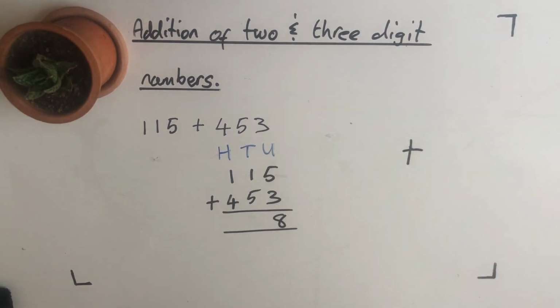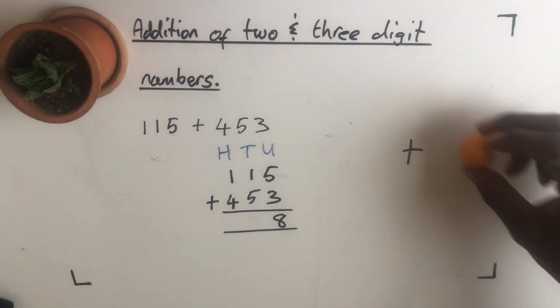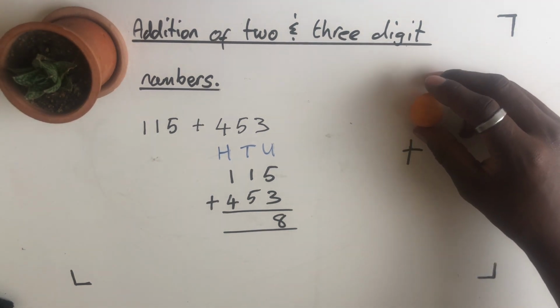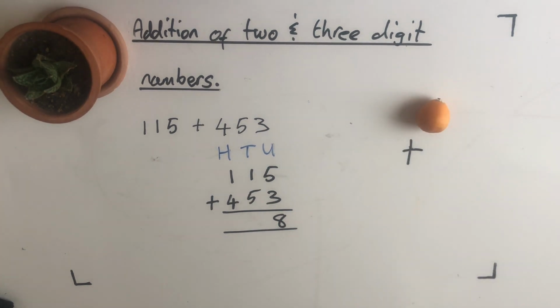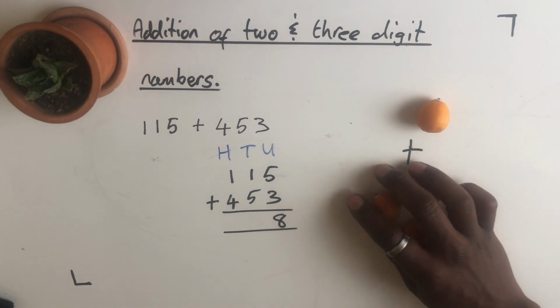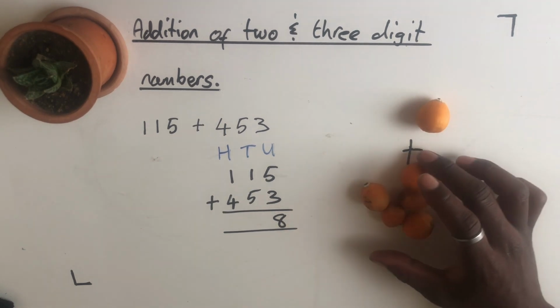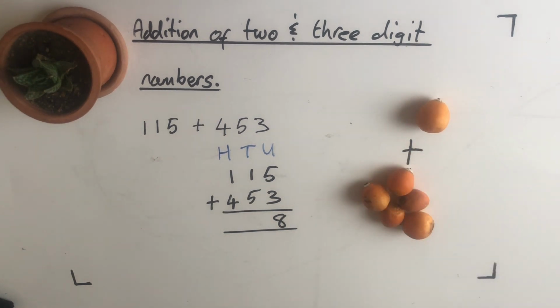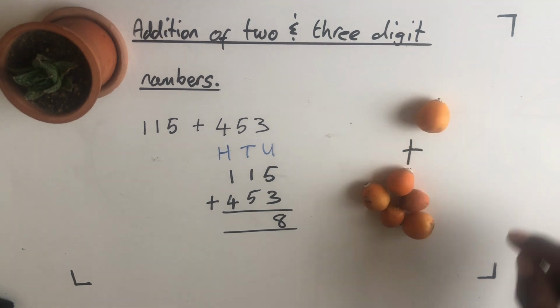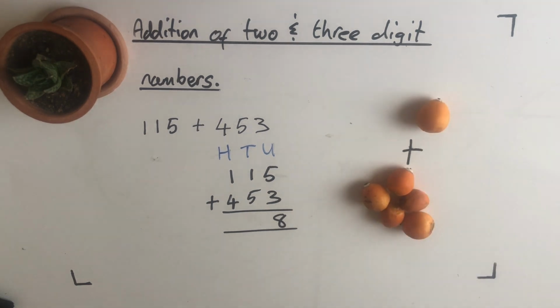Okay, and then the next one is I add the tens. So in 115 there is 1 ten. Okay, and then in 453 I have 5 tens. So that's 1 ten and 5 tens.